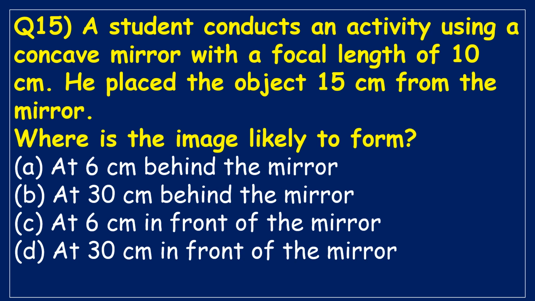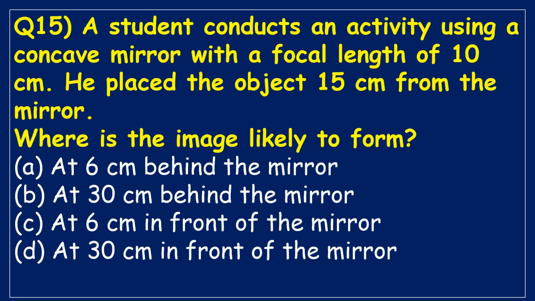Now the question is, where is the image likely to form? At 6 centimeter behind the mirror? It's not possible. When object is between focal length and pole, then only image will be formed behind the mirror. At 30 centimeter behind the mirror, not possible.